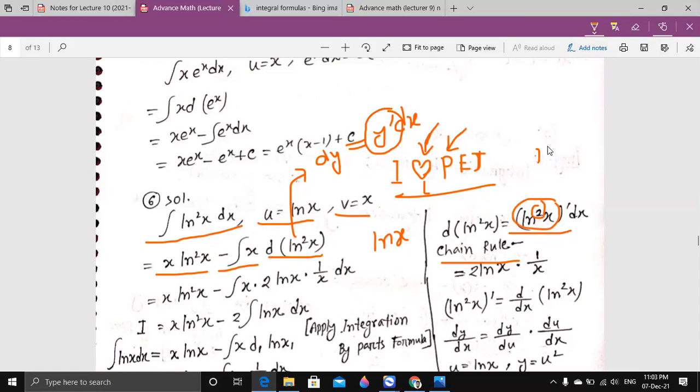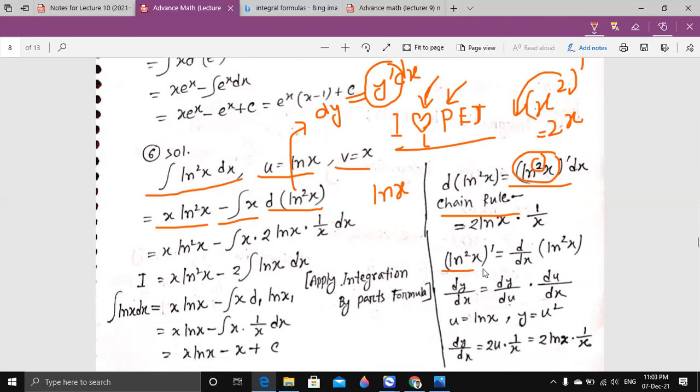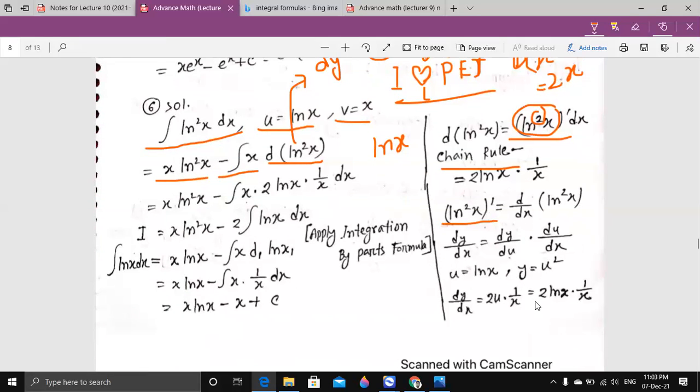When we get something like x squared, how do we take the derivative? We take the power down and decrease the power by 1, like 2x to the power 2 minus 1, that means 2x to the power 1, only 2x. So x squared derivative is 2x. Here also, the ln squared x derivative will firstly be 2 ln x, right?